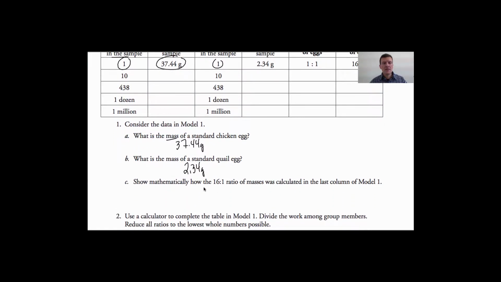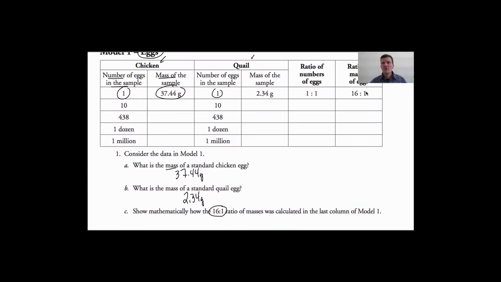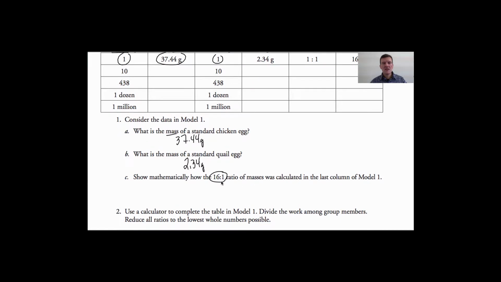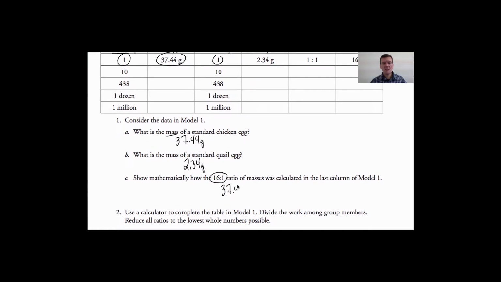Mathematically, show how the 16:1 ratio of masses was calculated in the last column of Model 1. For the ratio of masses of the eggs, you take 37.44 and divide by 2.34, and you get 16.